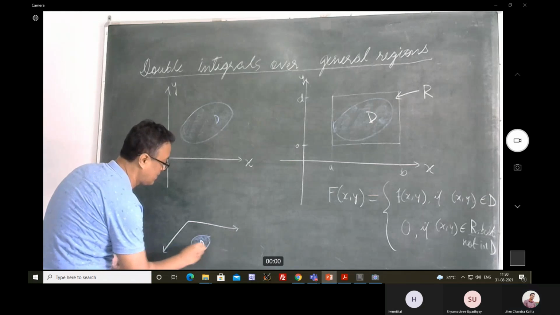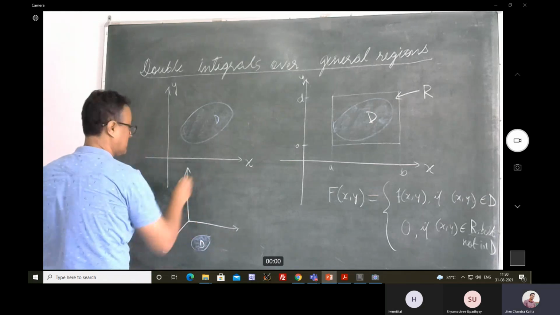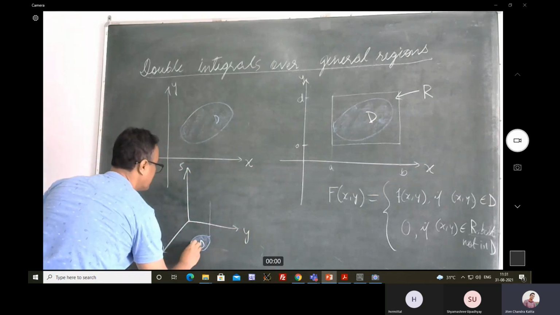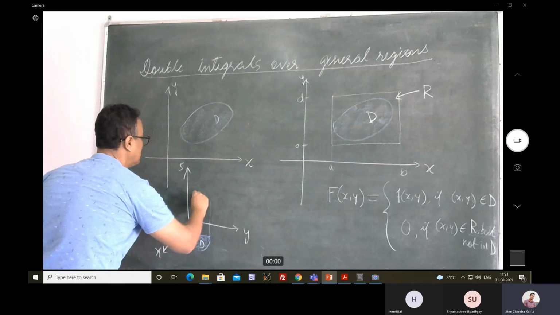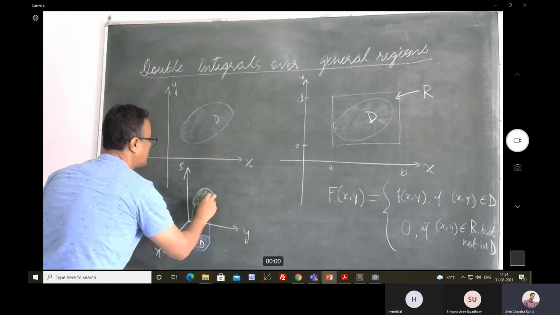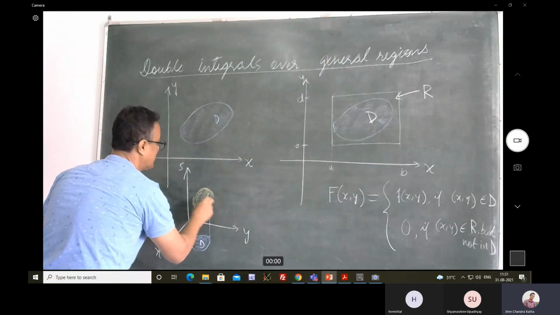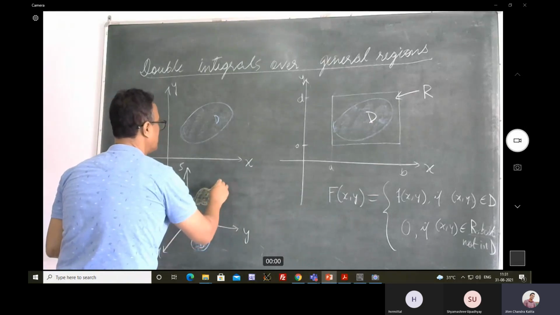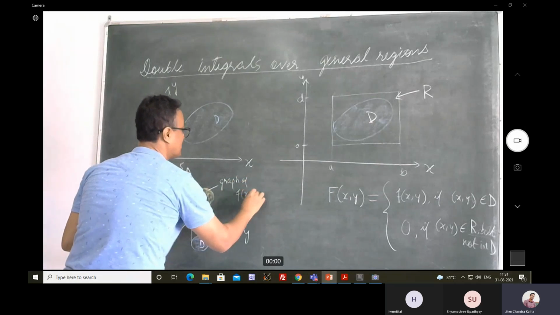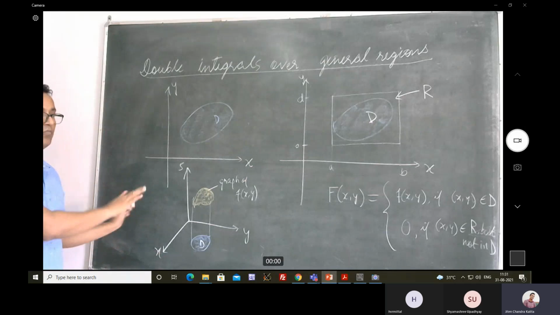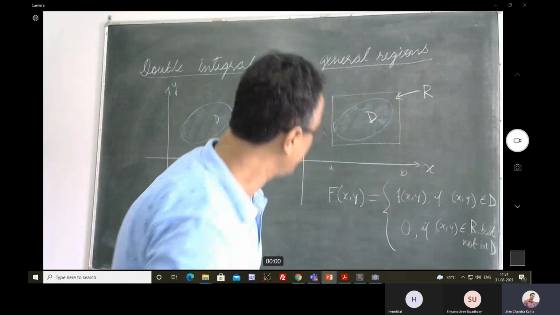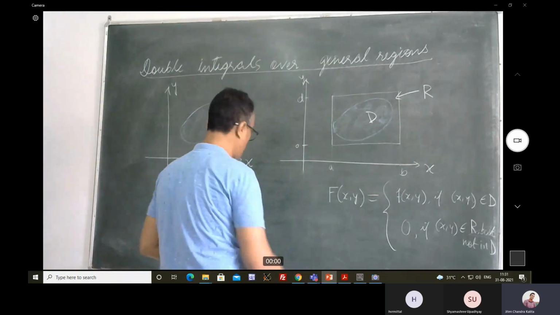Suppose this is my D. Then the graph of this function is going to be something like this. Graph of this function is going to be something like this. So this is going to be the graph of f of xy. For the time being, it is clear, right? Now let us see what the graph of capital F of xy looks like.